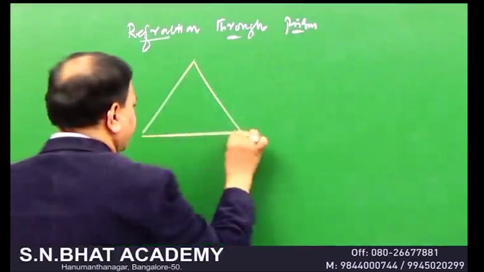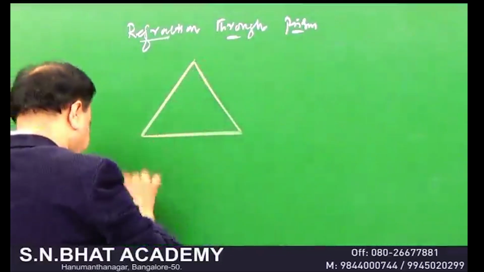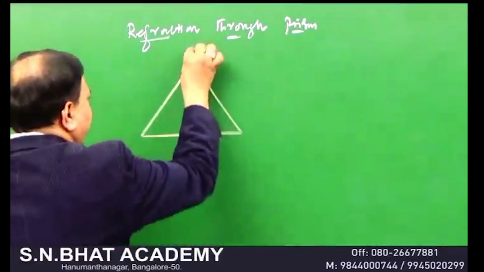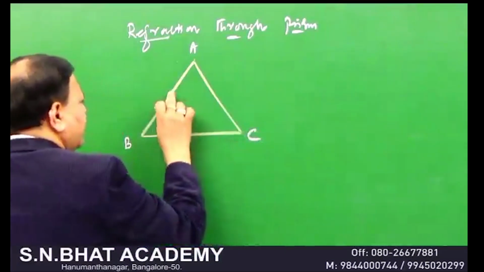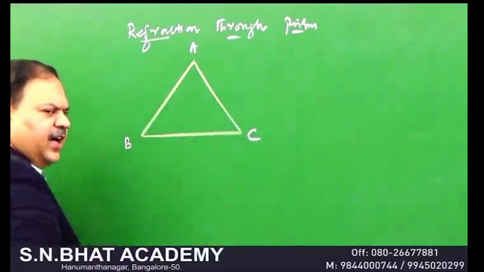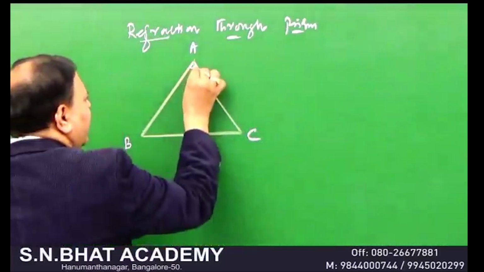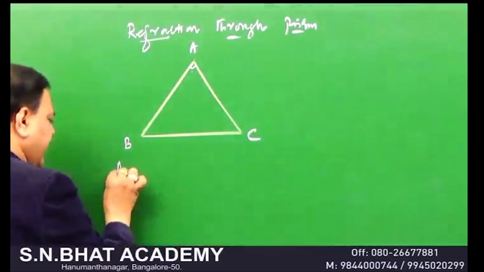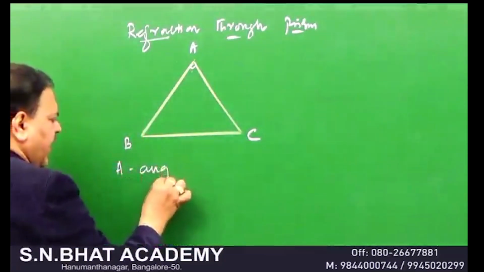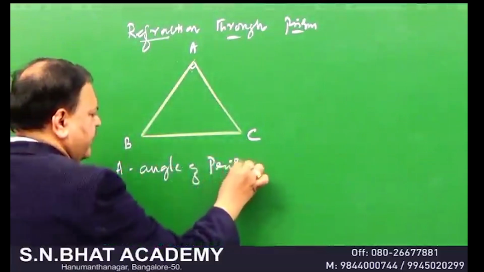If ABC is the principal section of the prism, these two faces are highly polished and are called refracting faces. This angle we denote by A, and it is called the angle of the prism.